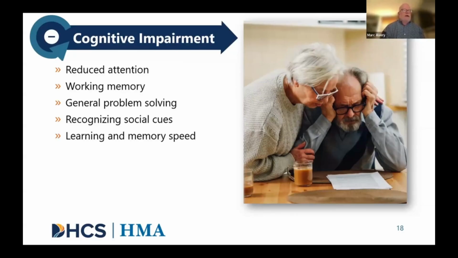One particular cognitive factor is worth discussing separately, and that is the potential for persons with schizophrenia to have impairment in recognizing key social cues in others, something that most of us are able to take for granted that happens naturally.